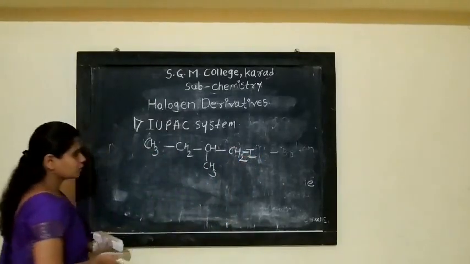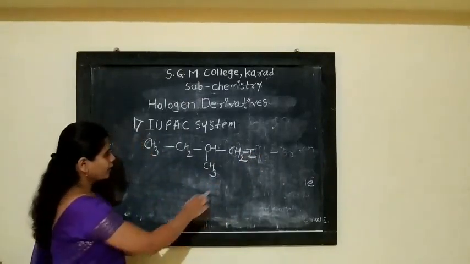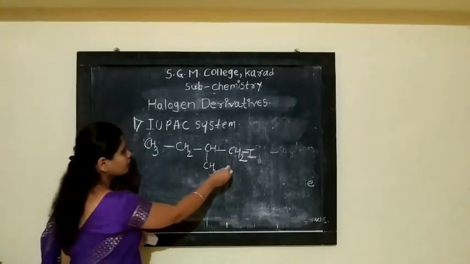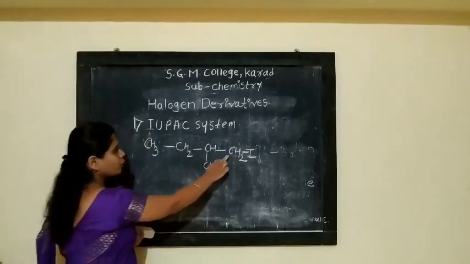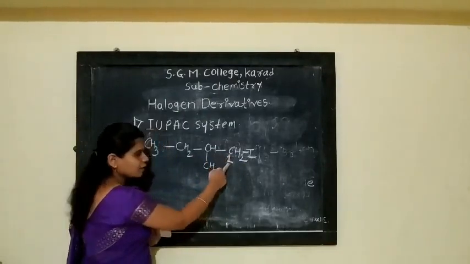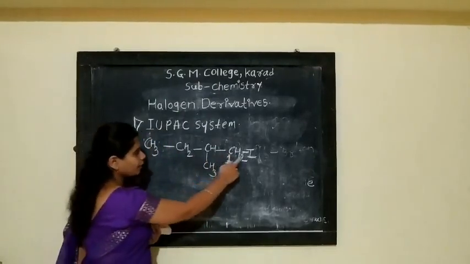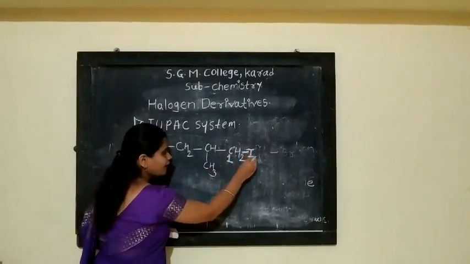Iodine is attached to this first carbon atom. So what is the name of this compound? While numbering this carbon chain, you have to give the first number to this carbon atom because the halogen here gets the lower number.